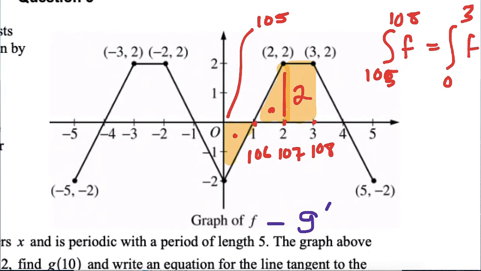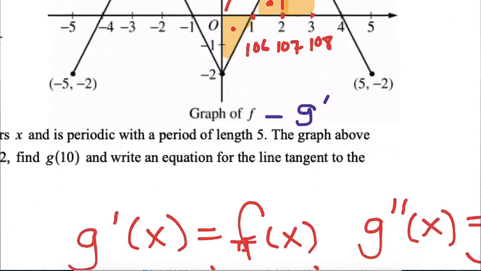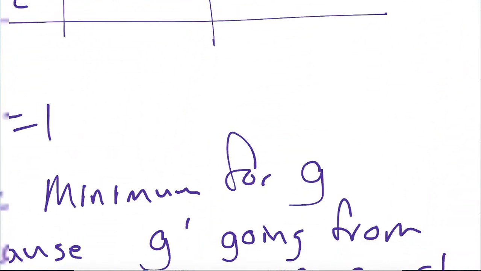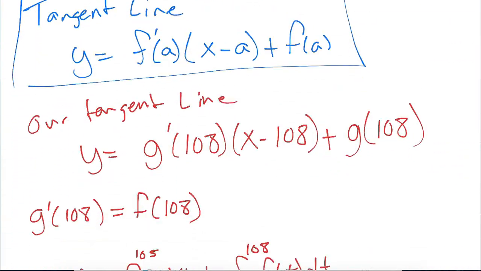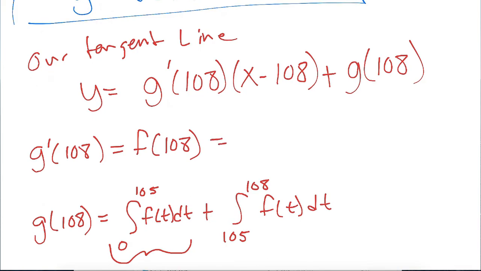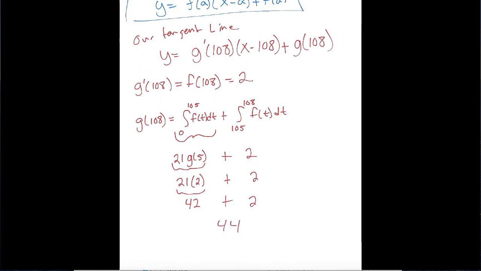And so at 3, the slope, or the value, is 2. So this is f of 108, which is also g prime of 108. So we know down here, sorry to scroll, but I have to do it to get this, that this is 2.